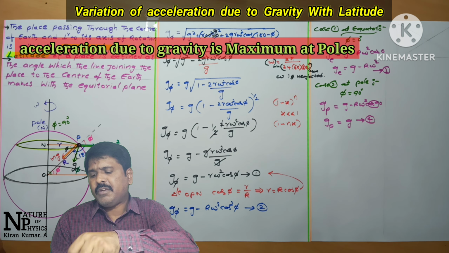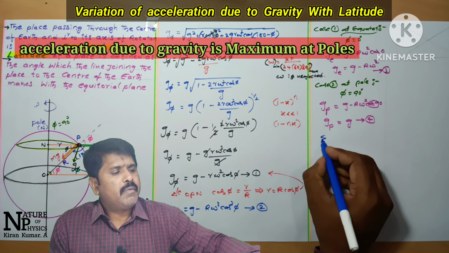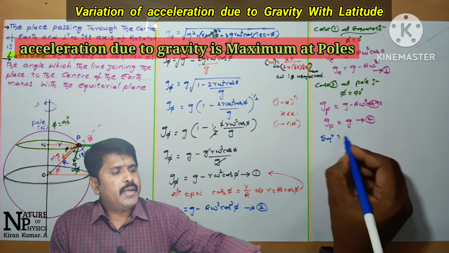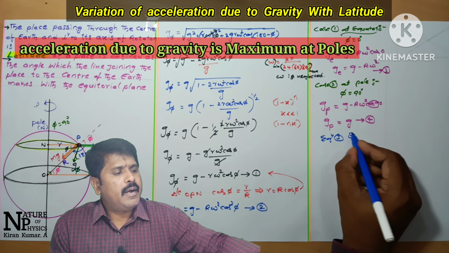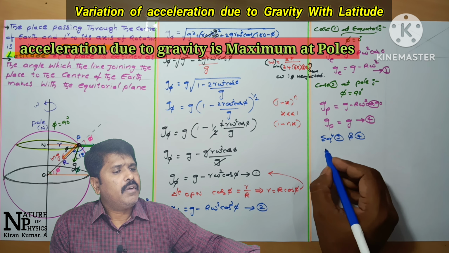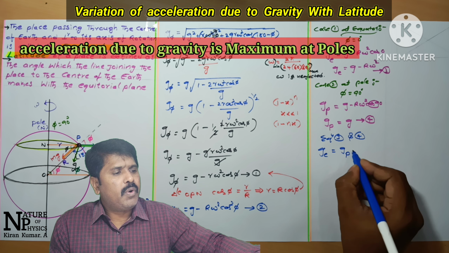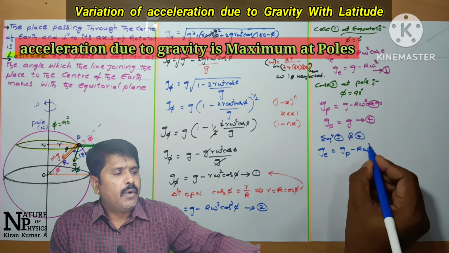Now we can replace equation 4 in equation 3, and we will get g equator is equal to g pole minus r omega square.